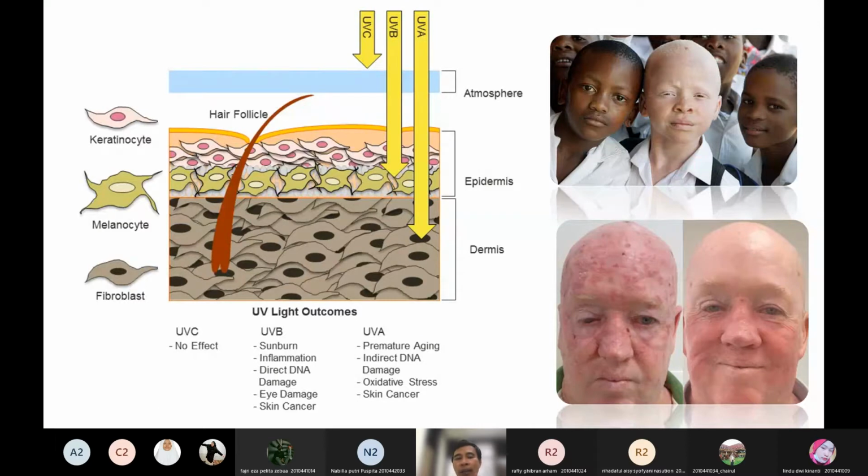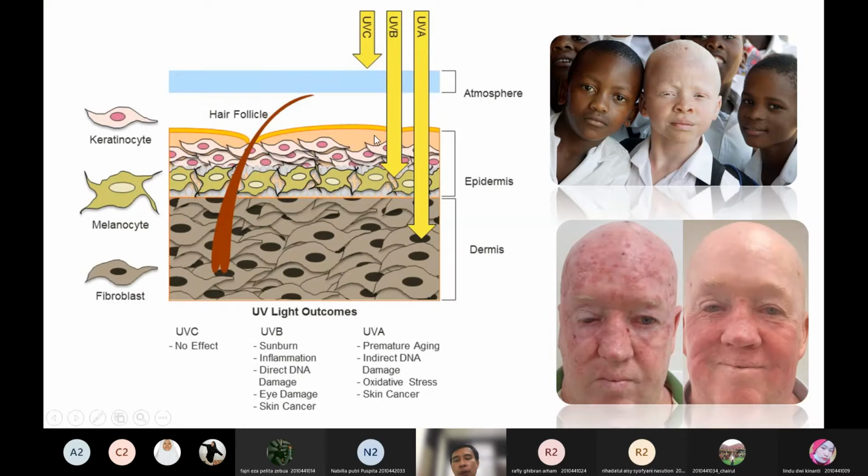Jadi biasanya dia bisa memicu mutasi karena terjadinya kerusakan DNA pada sel-sel kulit. And here it is, it could kill you related to the development of cancer cells. Why? Because the mutations couldn't be repaired normally by our cells, and therefore it will develop to be cancer cells, and you will get skin cancers.